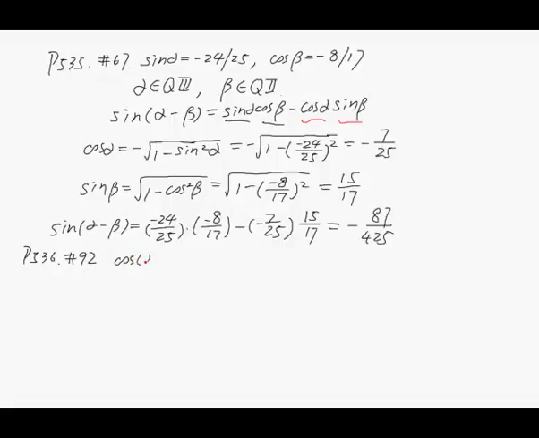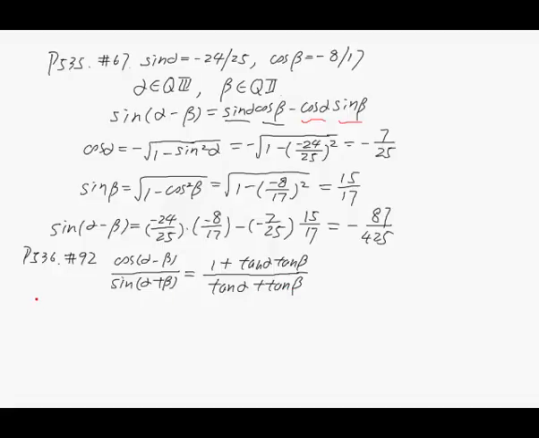Cosine of alpha minus beta over sine of alpha plus beta equal to 1 plus tangent alpha times tangent beta over tangent alpha plus tangent beta. Okay.